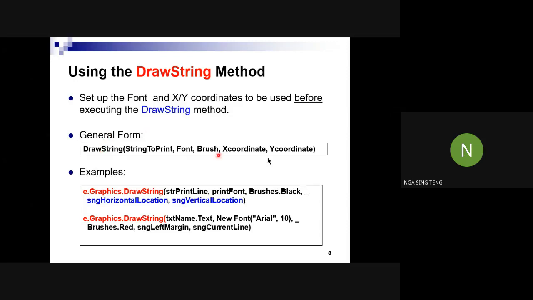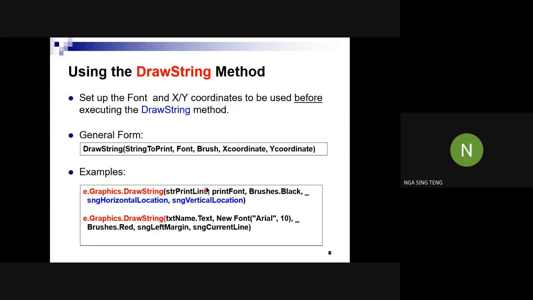So here is the general form for the DrawString method, the syntax: the string that you want to print, what color, and the x and y coordinates. For example, here is the E argument. Always start with E dot Graphics dot DrawString.